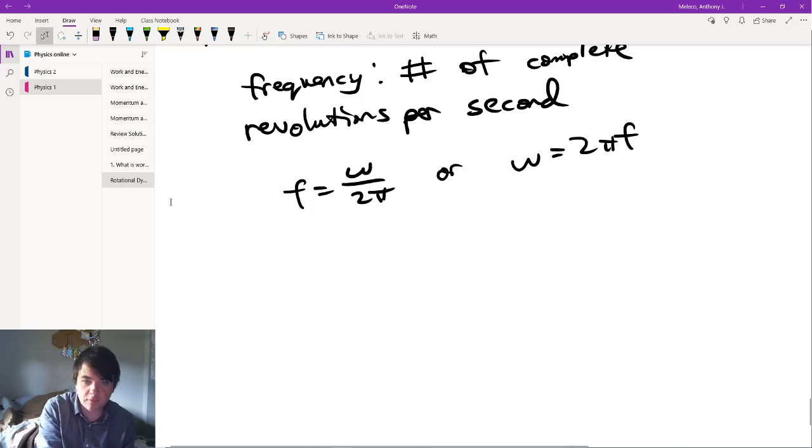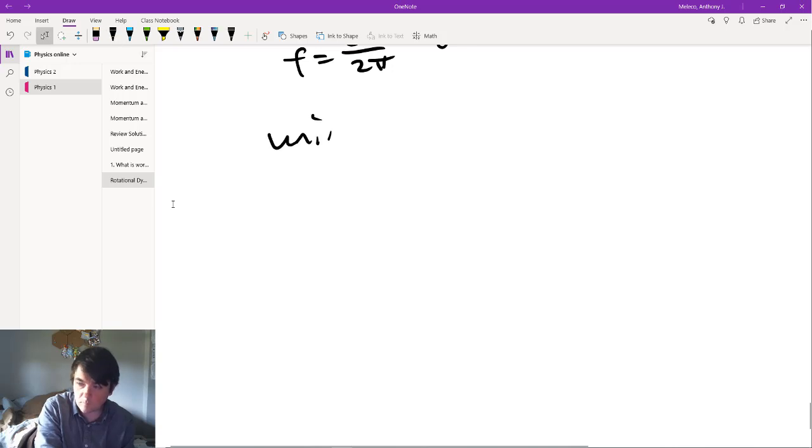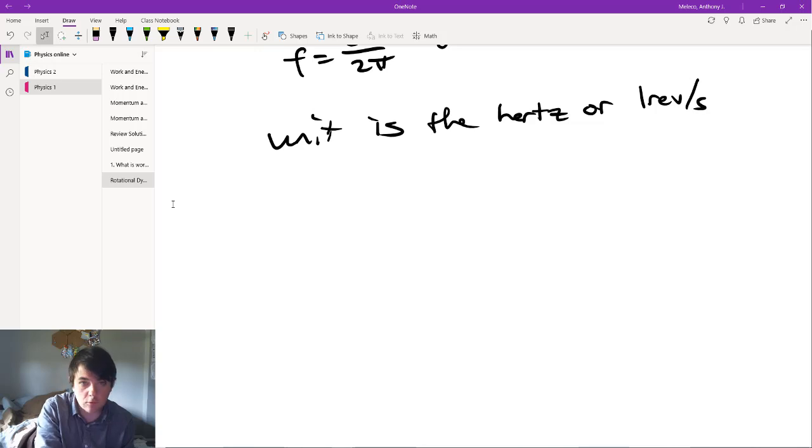If you're curious, this is the distance, this is the rate, so that should make sense as to why that equation is like that. You get velocity over distance, that should give you the frequency. The unit is the hertz, or 1 rev per second, or it's written as inverse second, or 1 over second.